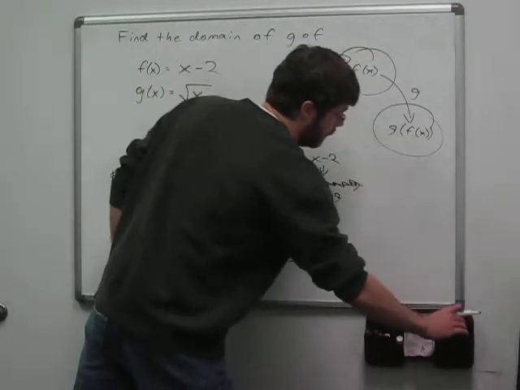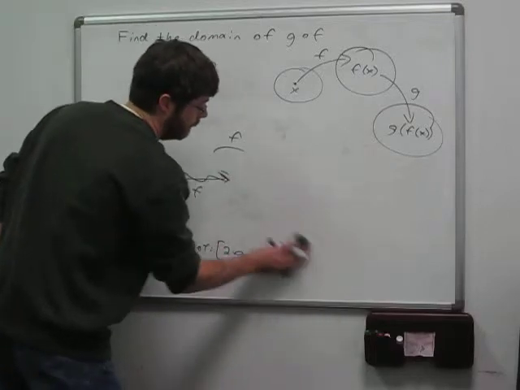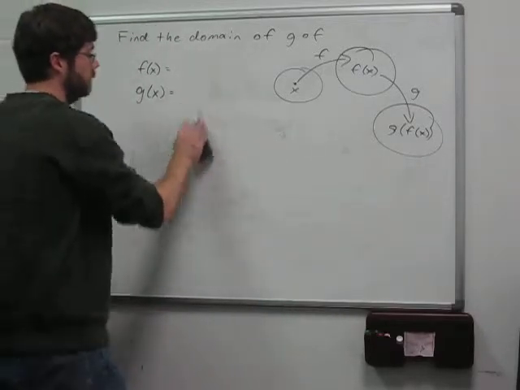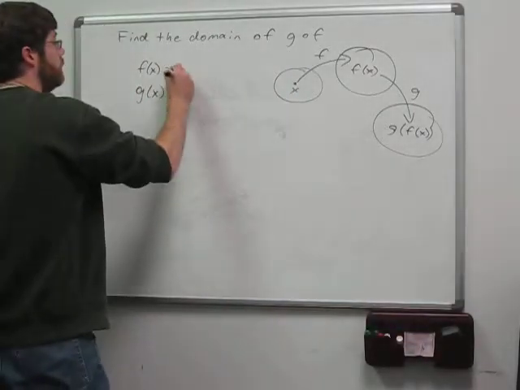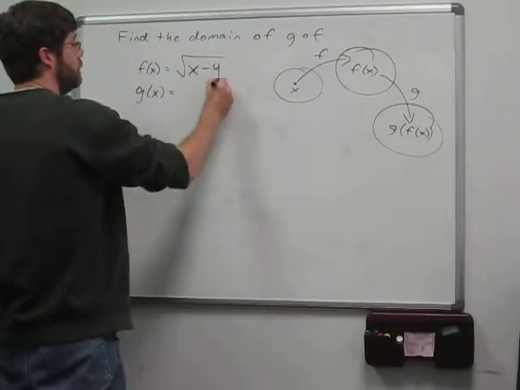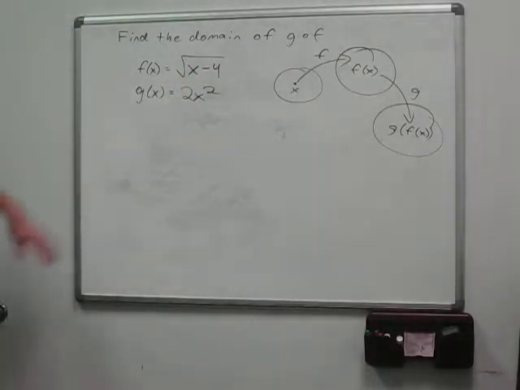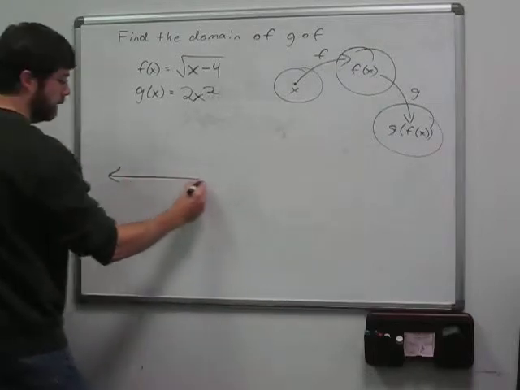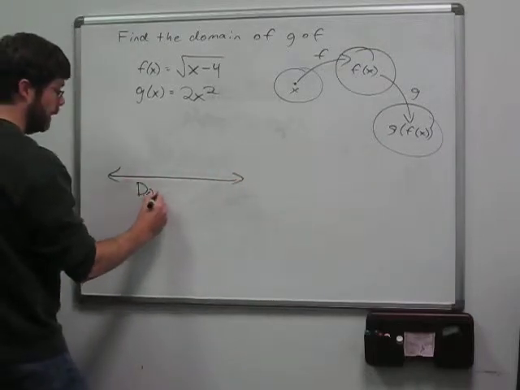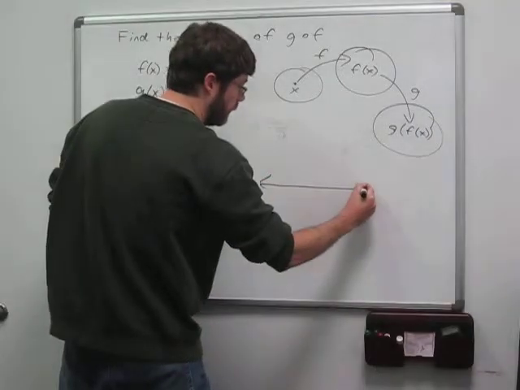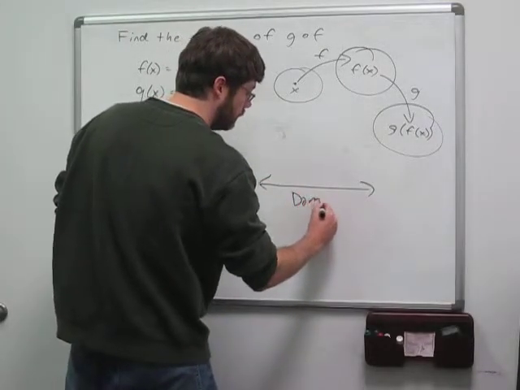Let's consider another example. Okay, so here I have an f and a g. I need to think about the domain of f, and I need to think about the domain of g.